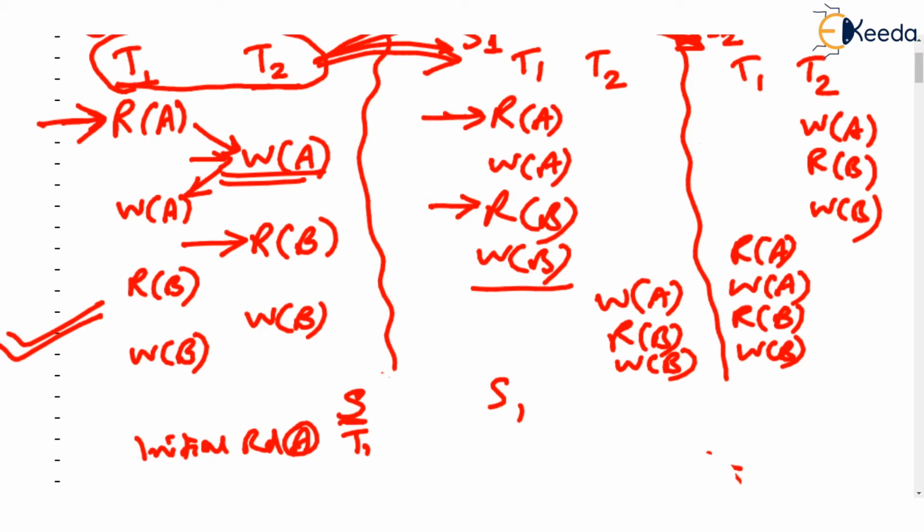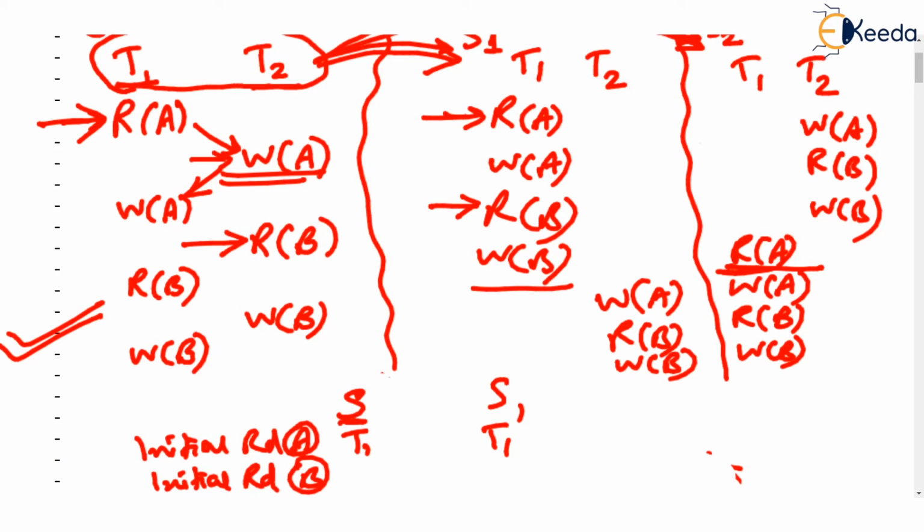And who is doing initial read on A in S2? Listen very carefully. You can see I'm underlining it. It is done by T1 itself. Okay. What about initial read on B in S?